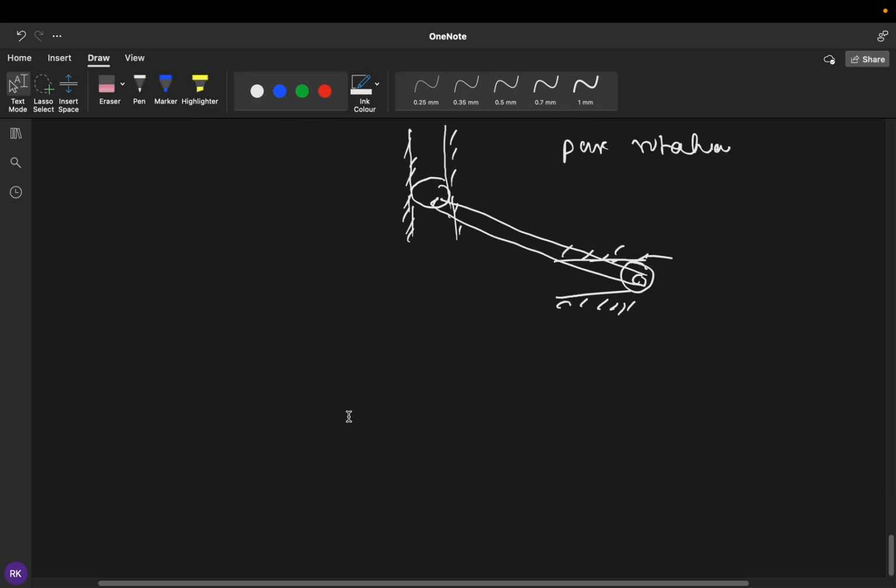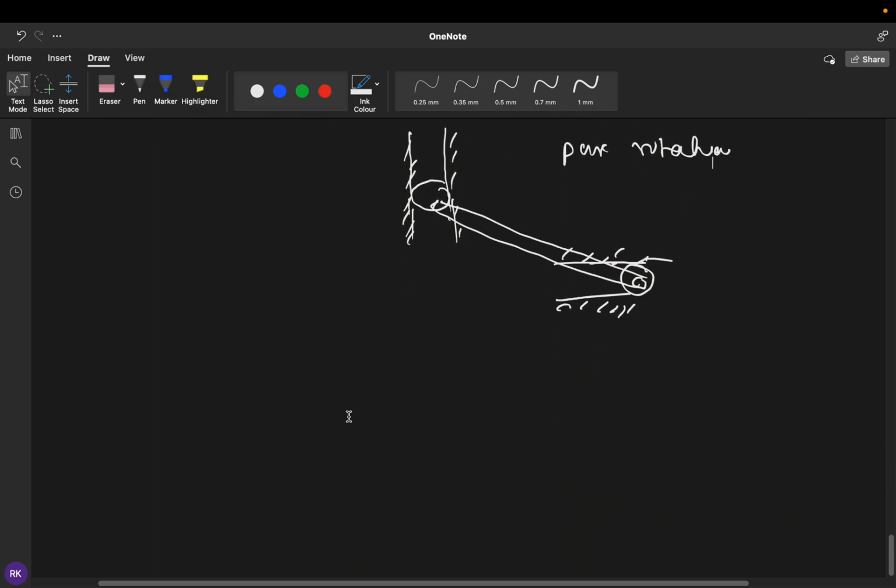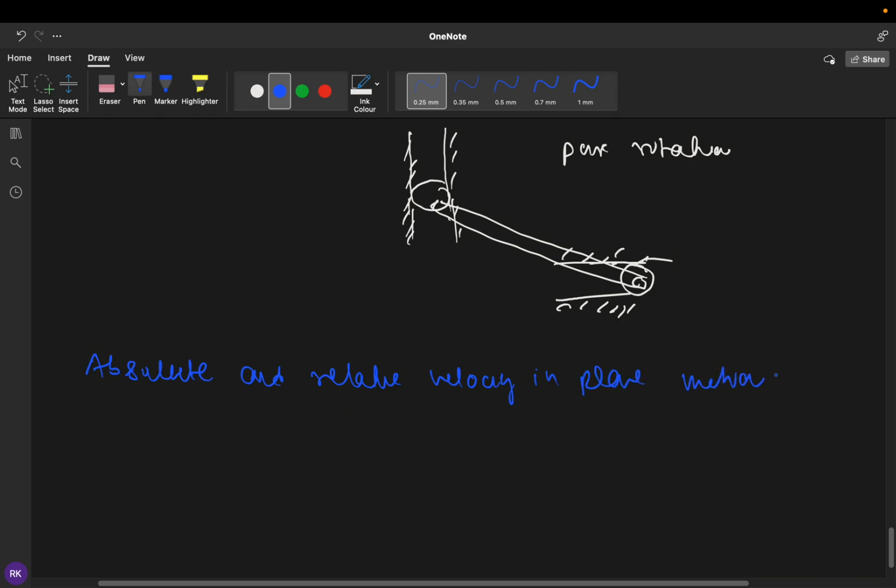Okay, so now let's move to another topic, which is called absolute and relative velocity in plane motion. Let's look at this.